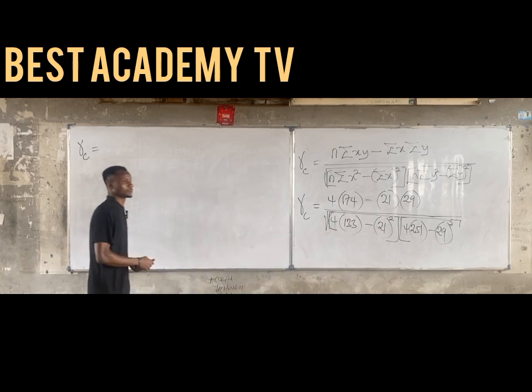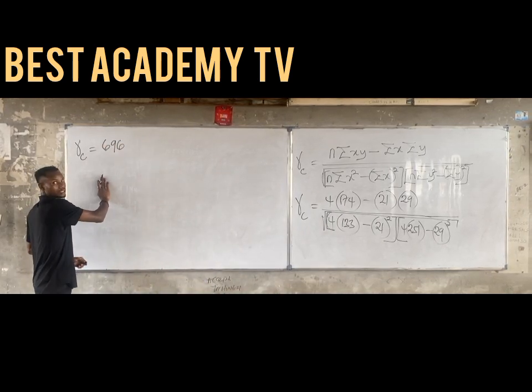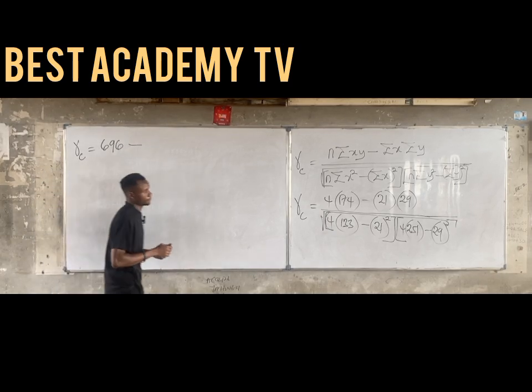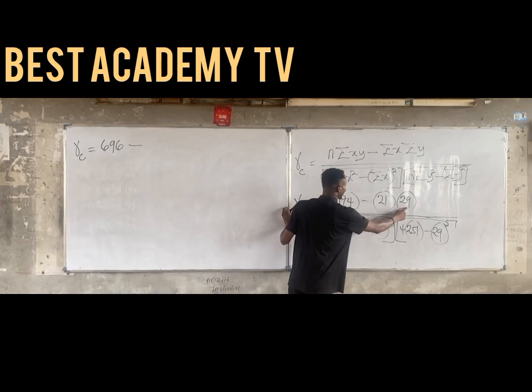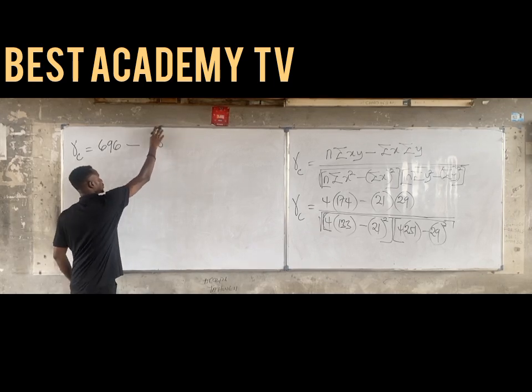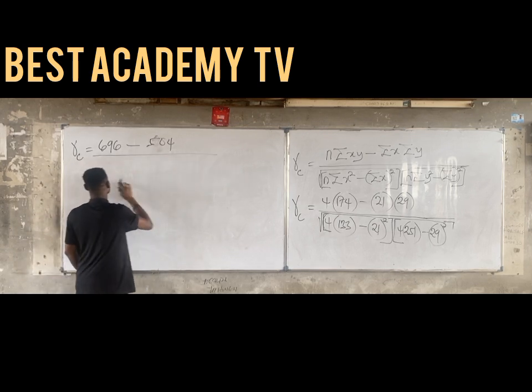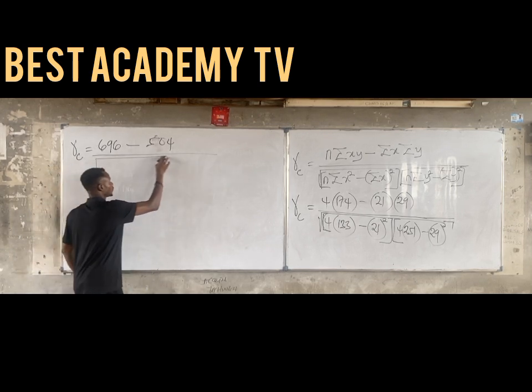What is the answer, please? 696. Like this. Minus, okay, now let's go here. 21 times 29. That is 609. Okay. Divide by square root of.